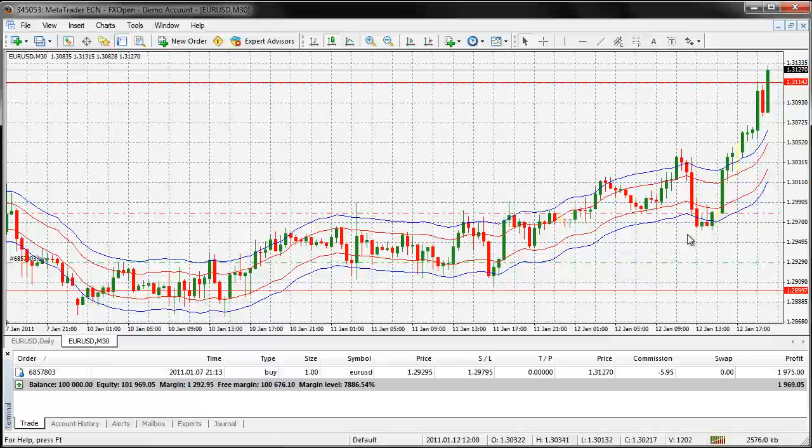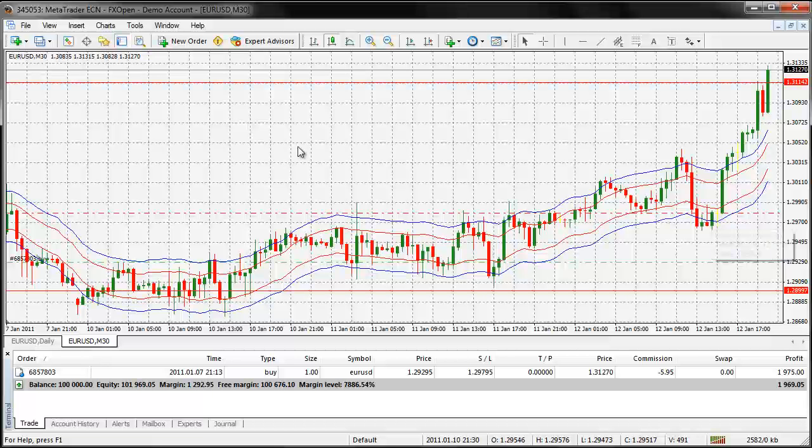You want the price to close below the blue line, the 0.2% deviation, but you want the currency price to close inside the first envelope and the second envelope, inside its deviation. This one here is 0.1 deviation, and this is 0.2 deviation, and we want it to close inside those two lines, inside those two deviations.